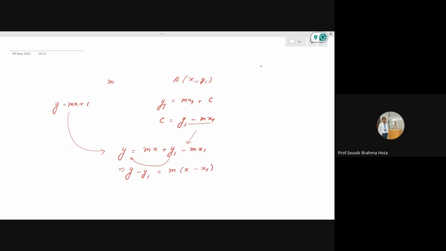So this represents a straight line with gradient m passing through a certain point x1 comma y1, and that will be the final equation, the general form of it.